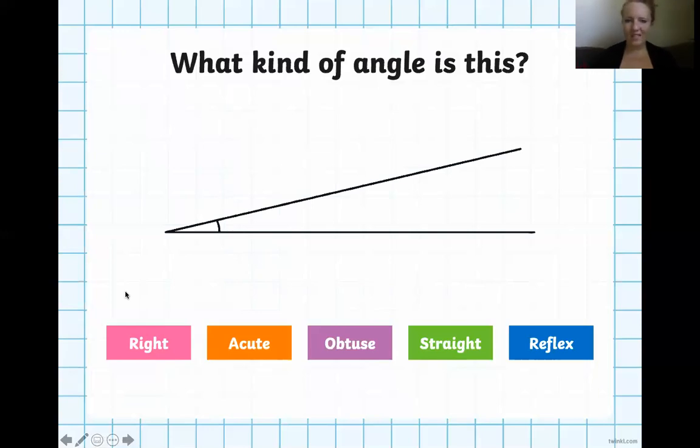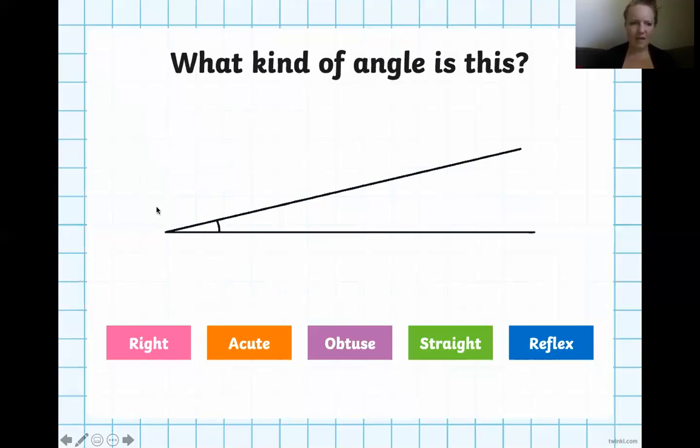Let's look, what kind of angle is this? Now, to look at an angle, all angles in this case will be marked with a little curve showing you where the angle is. So it's saying that we want to figure out this area of it, not this outside of it, but this is the angle that we're looking at. So let's see, is it a right angle? Is it 90 degrees?